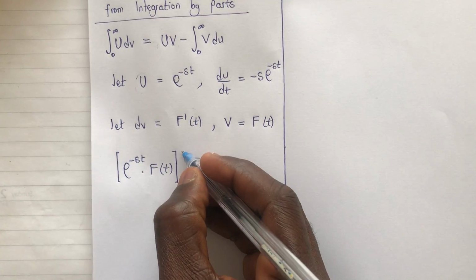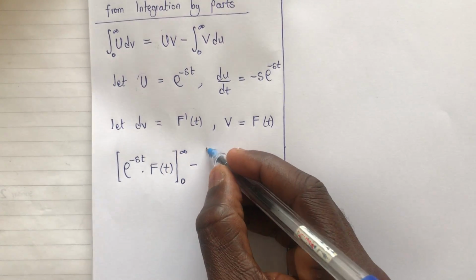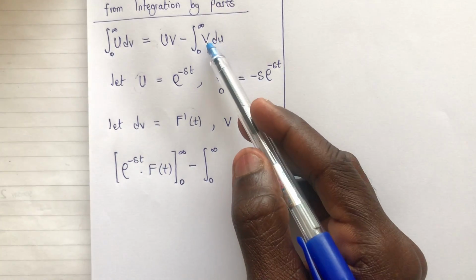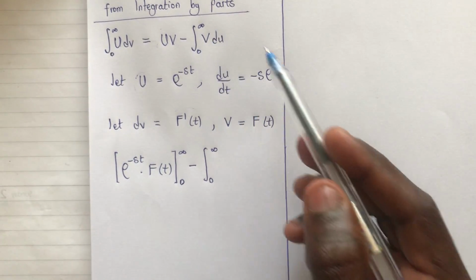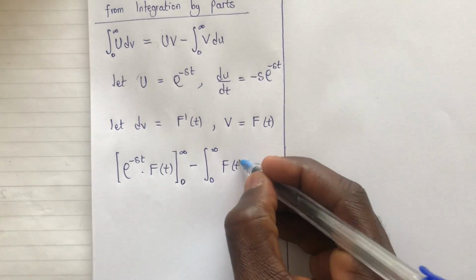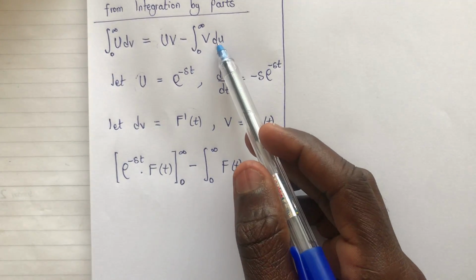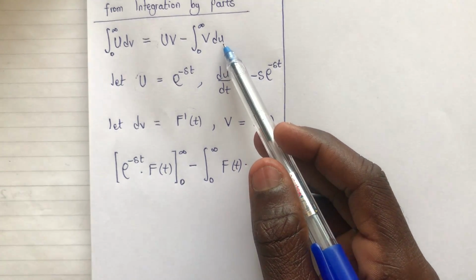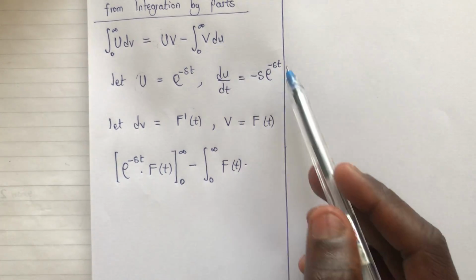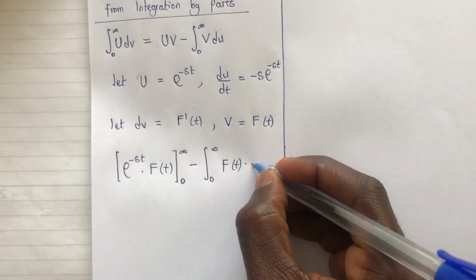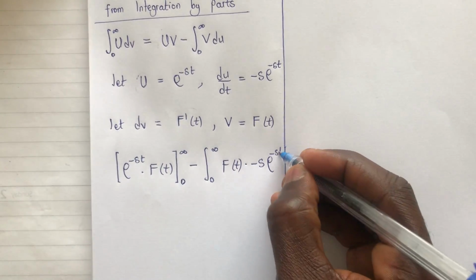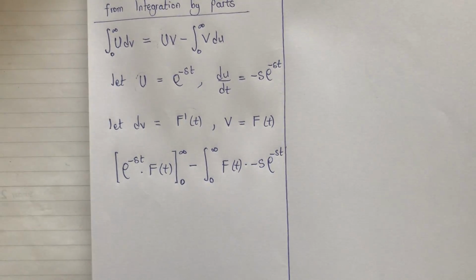So this is it, minus the integral from 0 to infinity, multiplying v. What is v? V is the same as the function f of t times du dt. What is du dt? This is du dt, which is the same as this one. We have times minus s e to the power negative st. You can add the dt, there is no need.